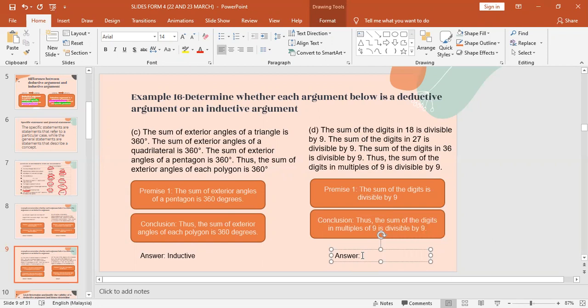We don't know what number. But premise 1, you already stated the number, which is 18, 27, 36. So the conclusion is general. The premise is specific. It means from general to specific, we have inductive or deductive? Inductive. Yes, very good. Inductive.